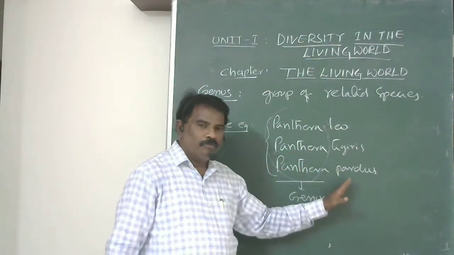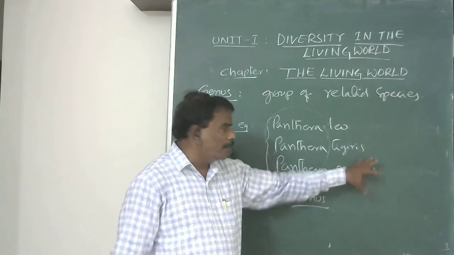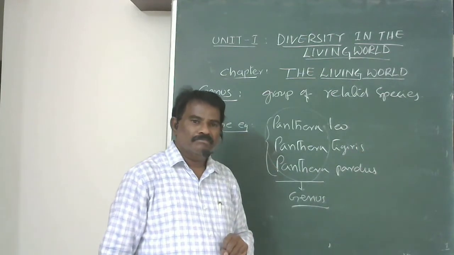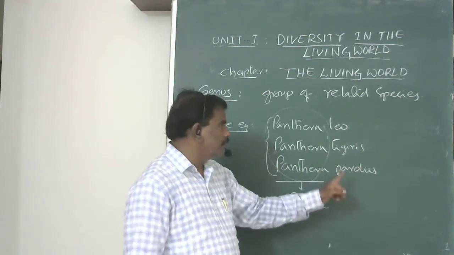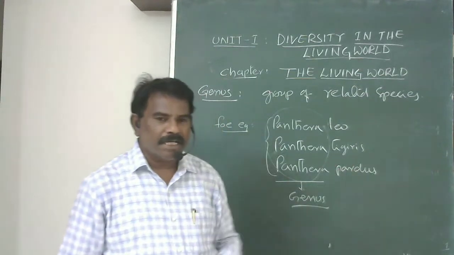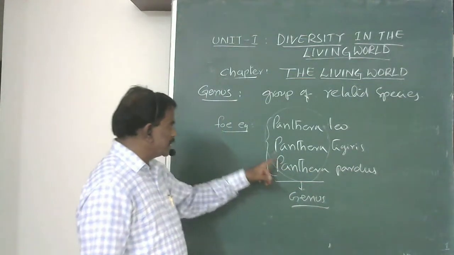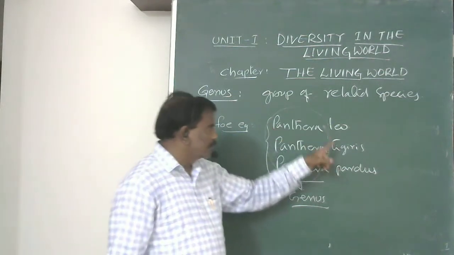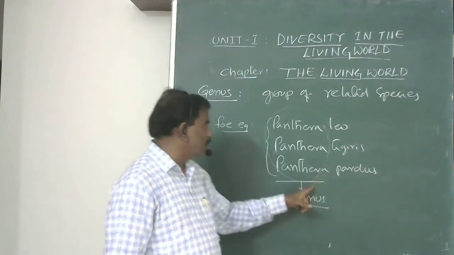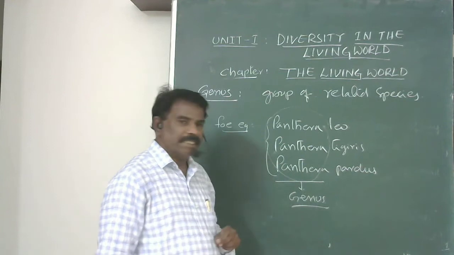They have more characters in common, but they differ when compared to another genus. For example, leo, tigris, pardus are all kept in Panthera.